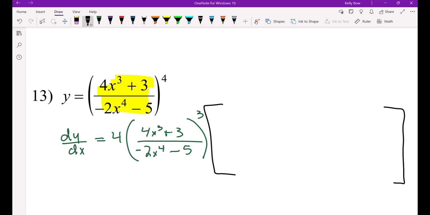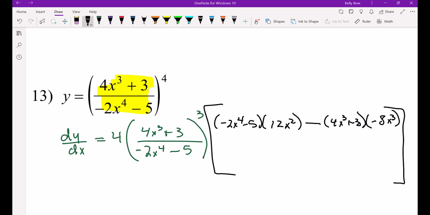Well, all of that is the quotient rule. It's g times the derivative of f, subtract f times the derivative of g, all over g squared.